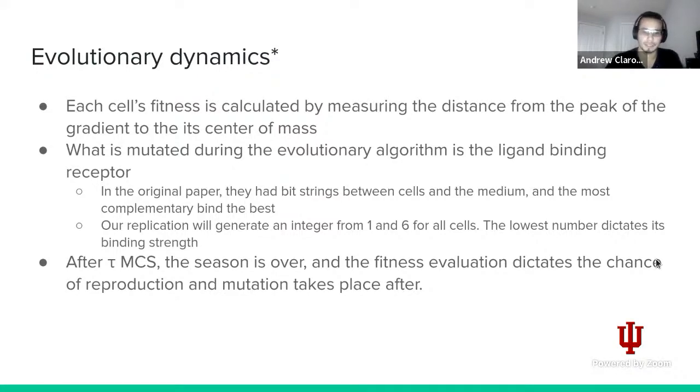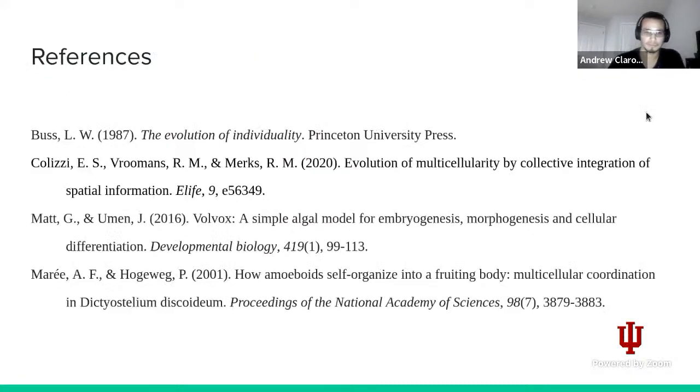After a certain number of Monte Carlo steps, the season is over, and we calculate the fitness, and the cells with the highest fitness have a chance to reproduce. And that is our presentation.